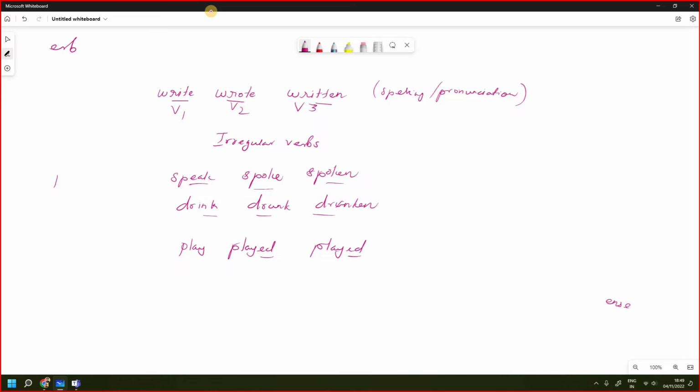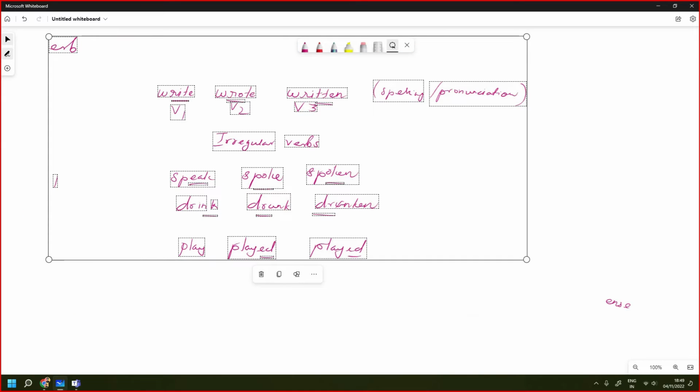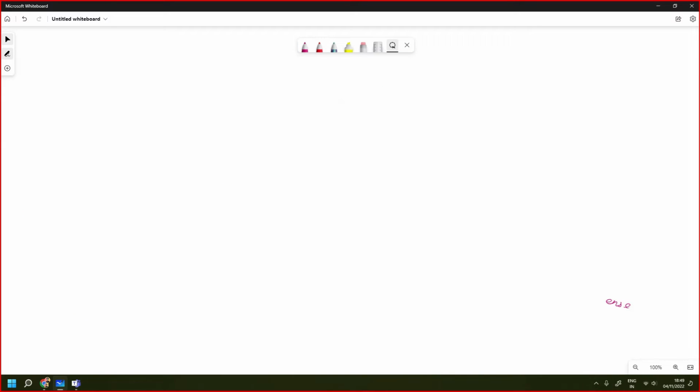Now these are some basic things that you have to remember before getting into tenses. Now we'll go to the first tense, then we'll slowly proceed with the other things.